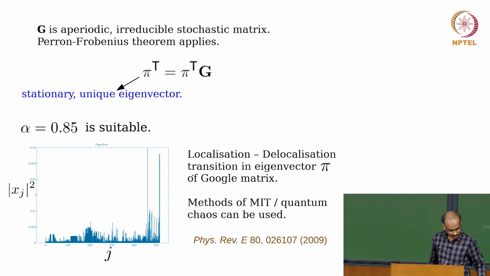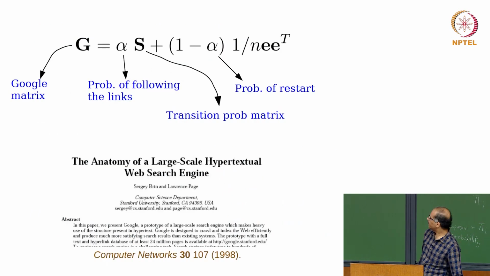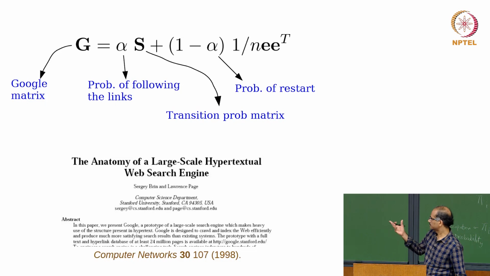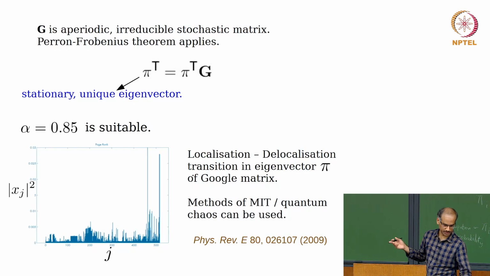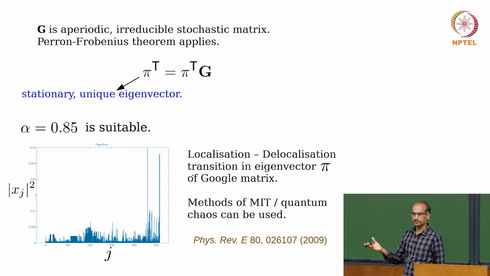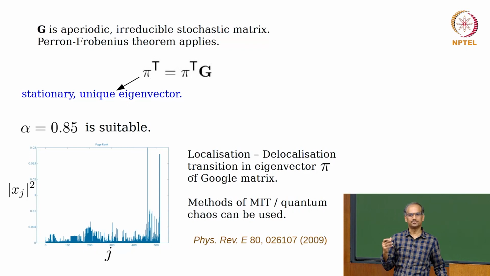And maybe I should point out that this alpha, it is believed that the value that possibly Google uses is somewhere around 0.85. And physicists, of course, wrote a paper on what happens if you don't use 0.85.